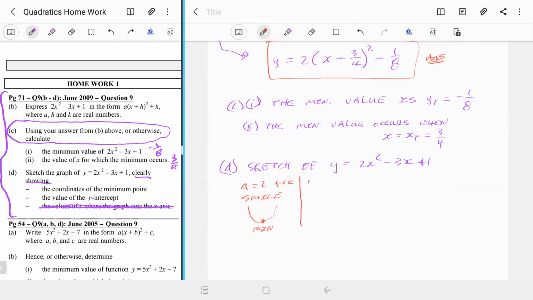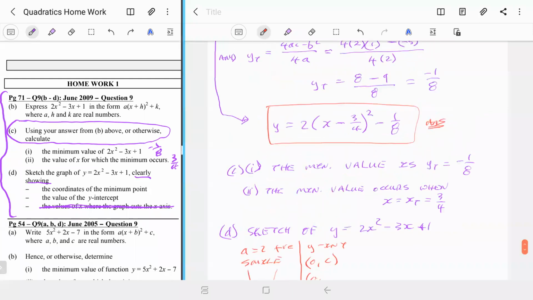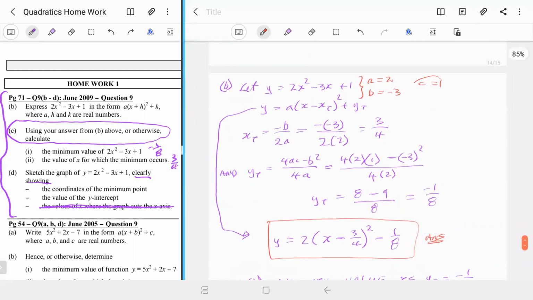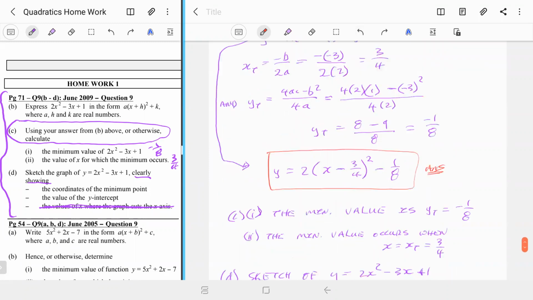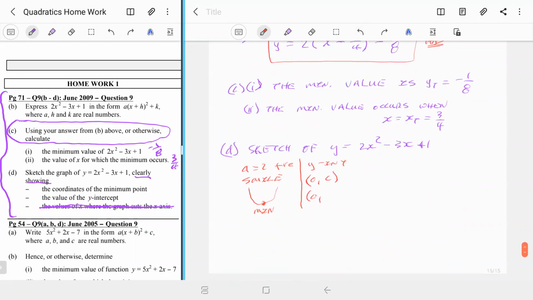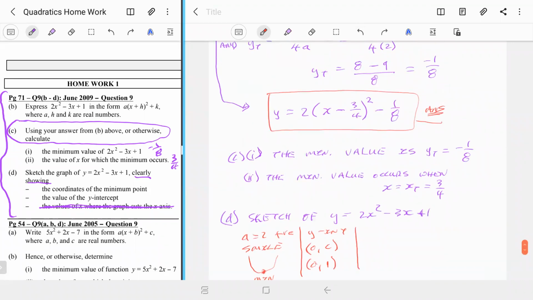Then we also need a y-intercept. The y-intercept is the point (0, c). What is the c value? The c value is 1, so it crosses the y-axis at 1. And then after we complete the square and get this form, we now know the minimum point.